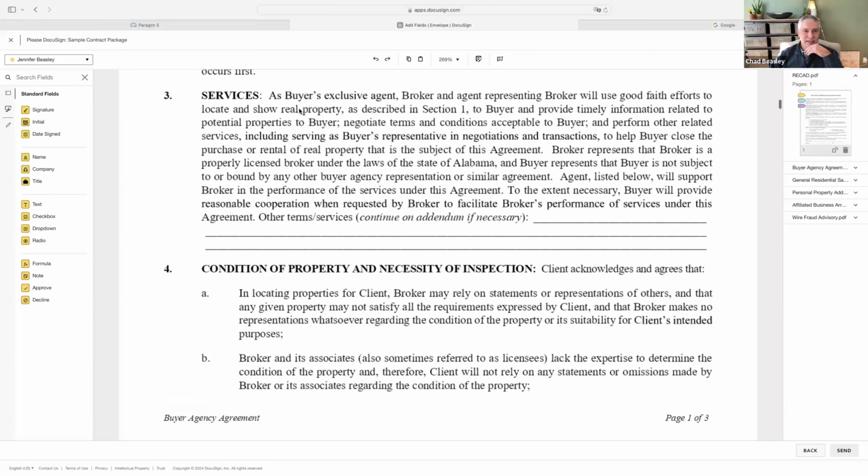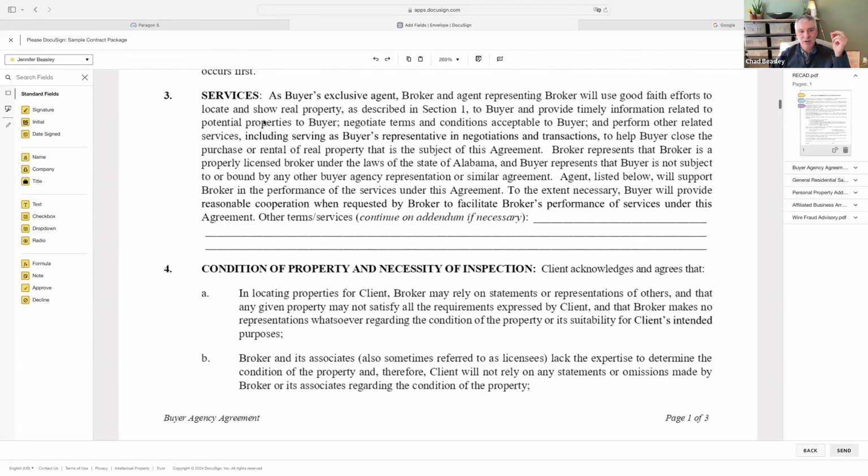So number 3, as a buyer's exclusive agent, broker and agent representing the broker will use good faith efforts to locate and show real property as described in section 1 to buyer and provide timely information related to potential properties to buyer, negotiate terms and conditions acceptable to the buyer, and perform other related services, including serving as buyer's representative in negotiations and transactions to help buyer close the purchase or rental of real property that is subject to this agreement.